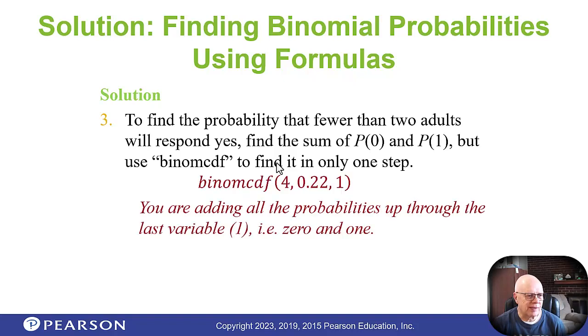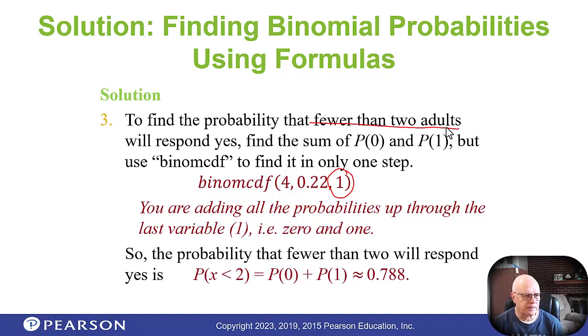To get it in one step, your calculator is going to start at 0, add the probabilities until you tell it where to stop. In this case, stop at 1 because we don't want 2 included. Only the 0 and the 1. Don't go beyond that. Because we want fewer than 2. And there's your answer for the third part.